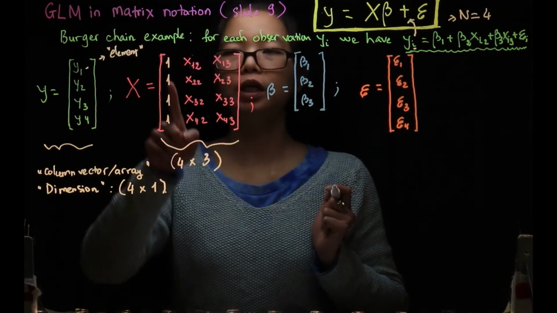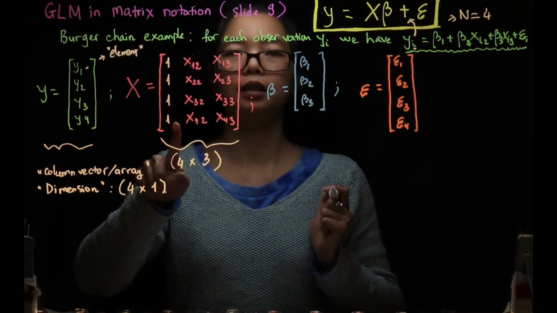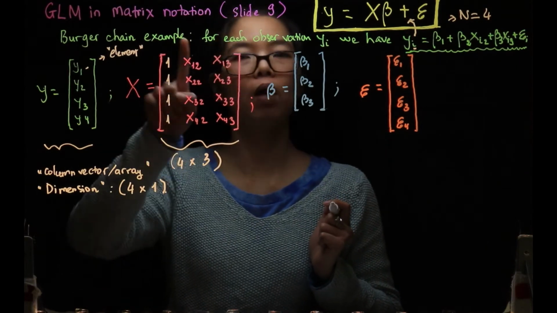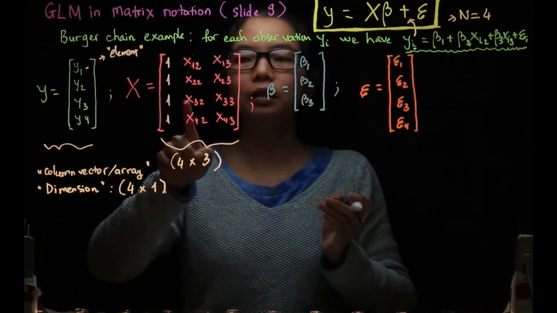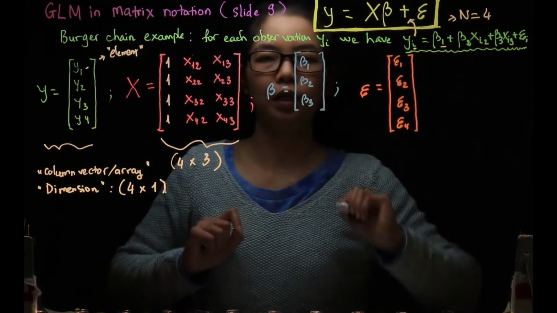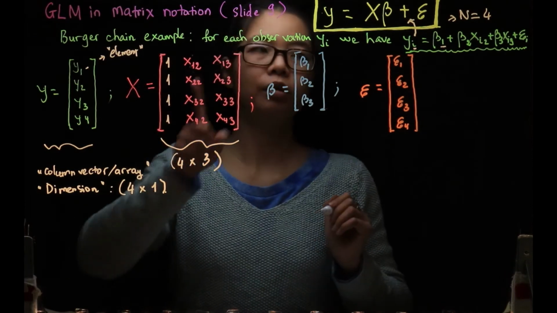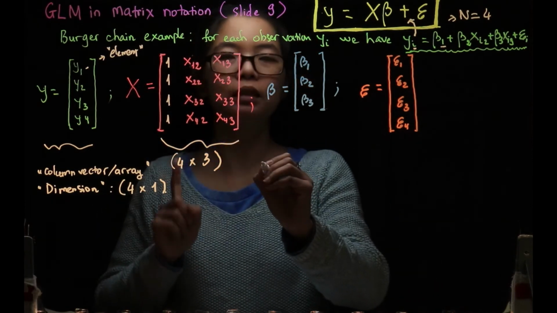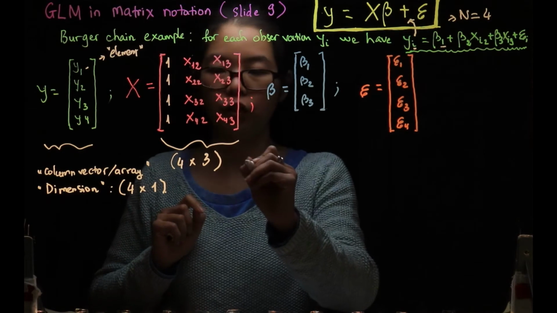Well, the short answer right now is the first column is for the intercept. You need a column of 1s so that later when you multiply it with beta, you will have this beta 1 in your equations. If you don't have it, you can't. But we will see it when we come to the multiplication of matrices, okay?